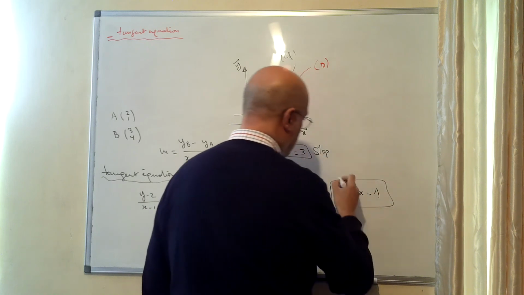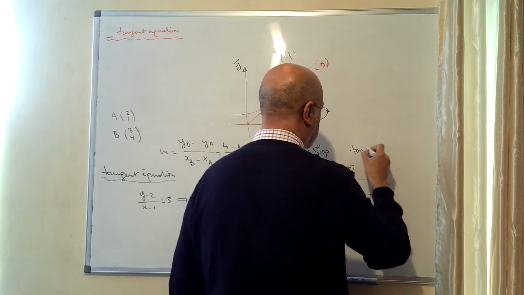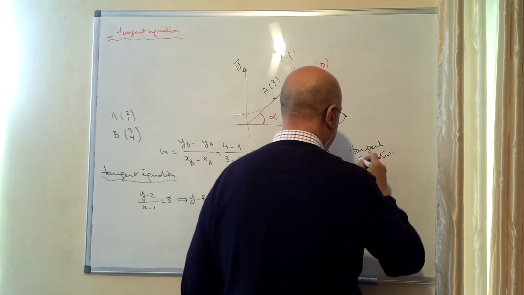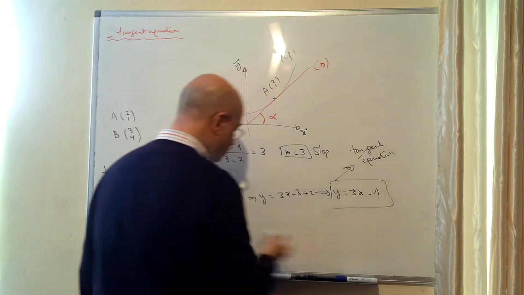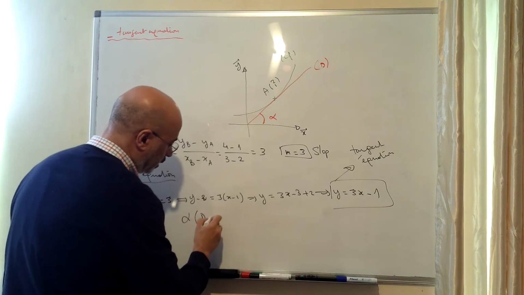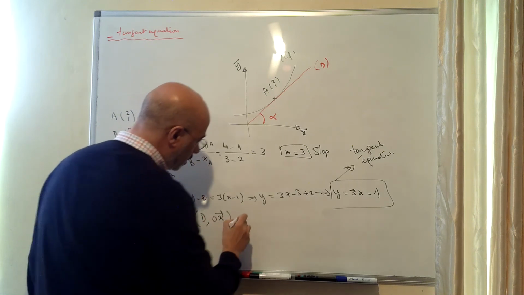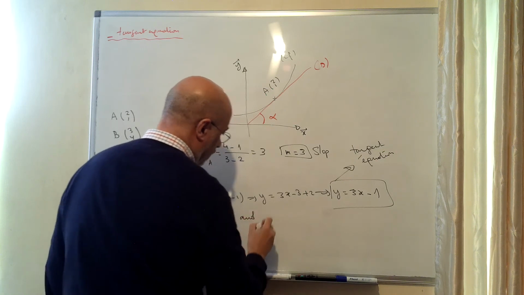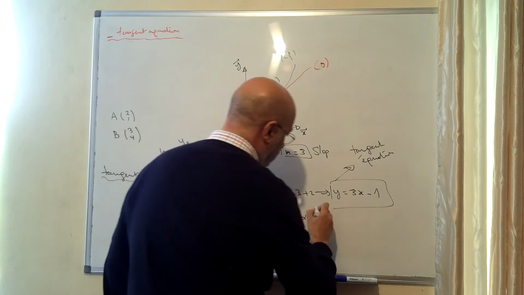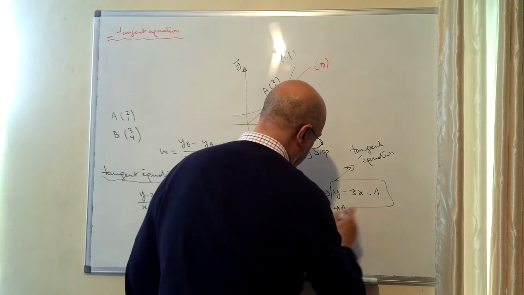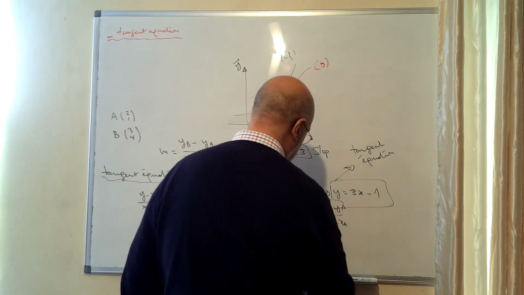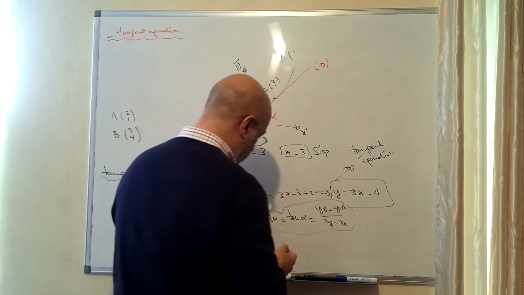This is our tangent equation. We have alpha between the line and Ox, and what you should know is that m equals tangent alpha, equal to (yB minus yA) over (xB minus xA). It's a review.